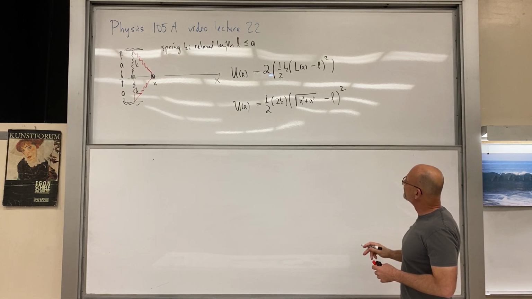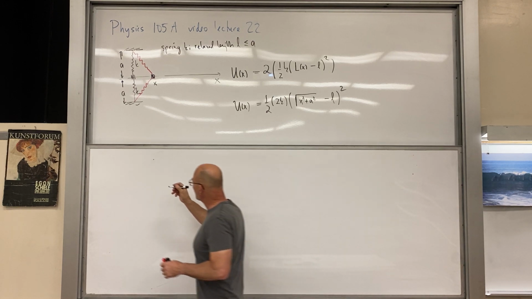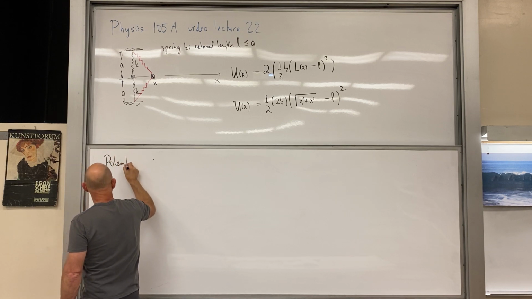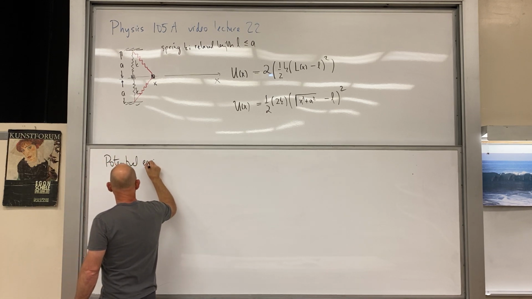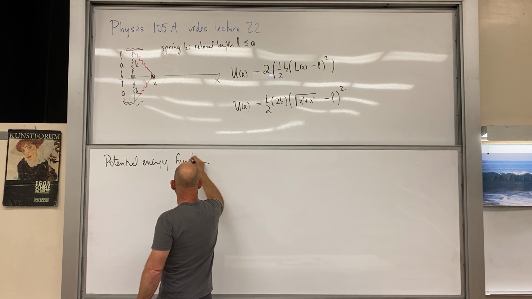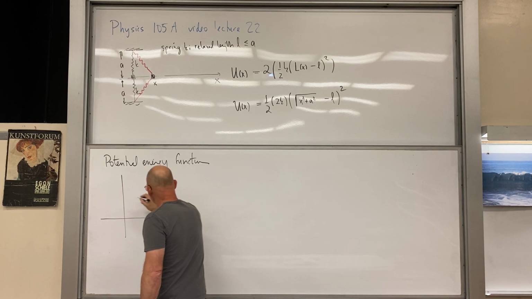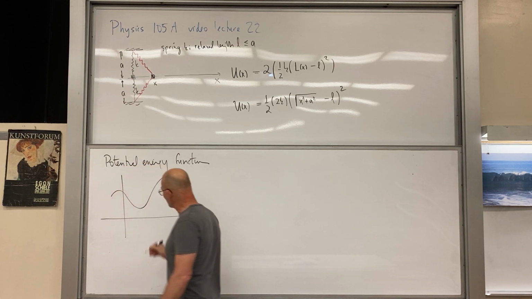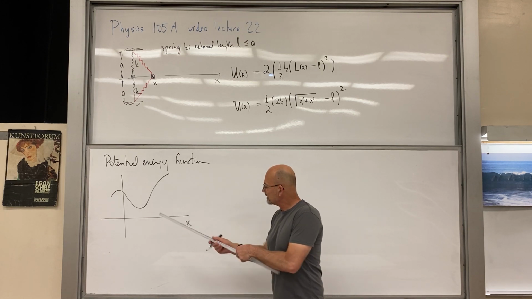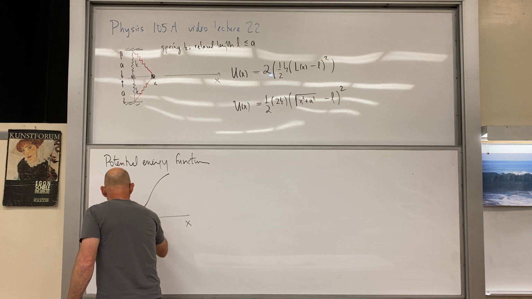So I'll take the opportunity just to talk about these things in general. So potential energy functions. Let's just do a graph of some generic potential energy function that has what we're looking for, namely a local minimum here at x sub 0.